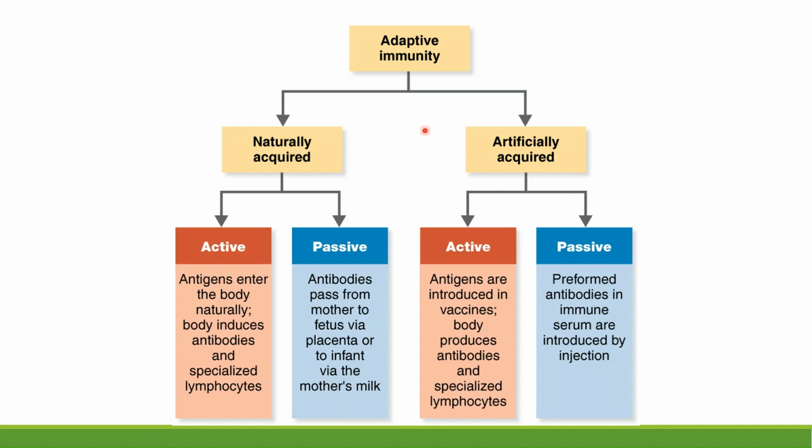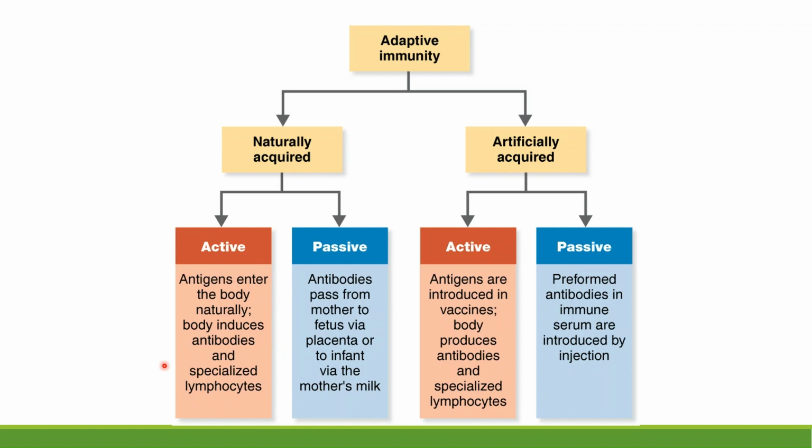We can also break both of these categories into active or passive immunity. Active immunity is where the antigen enters your body naturally, of course, because we're looking at naturally acquired here, and your body produces its own antibodies. So it goes through that B cell activation phase and produces its own antibodies and specialized lymphocytes.